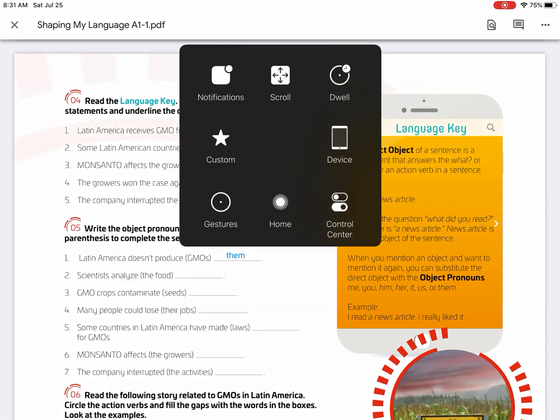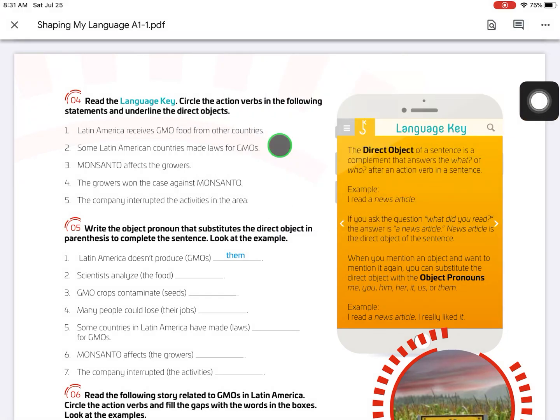This is going to be about some specific topics about the direct object and object pronouns. We are going to watch that topic with different exercises in order to introduce what a direct object is and what an object pronoun could be. Remember that in point number 4, read the language key, that is going to be this chart, and circle the action verbs in the following statements and underline the direct objects.